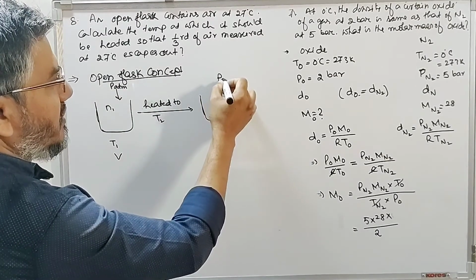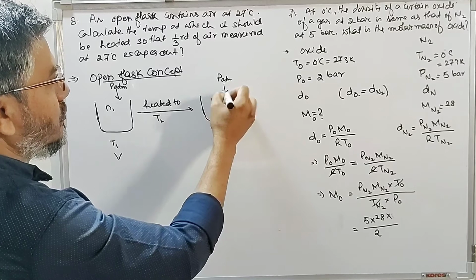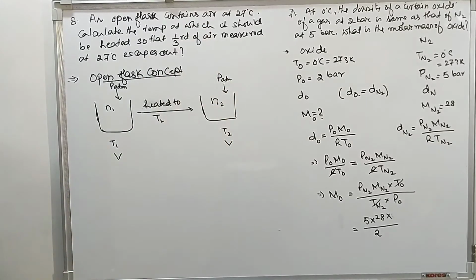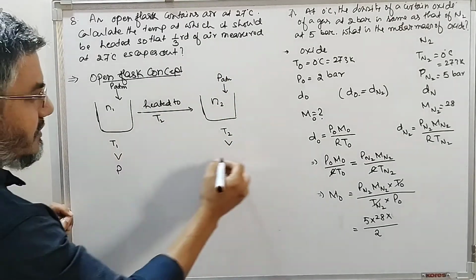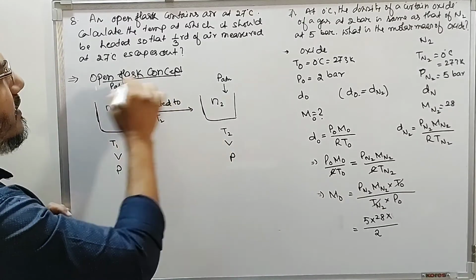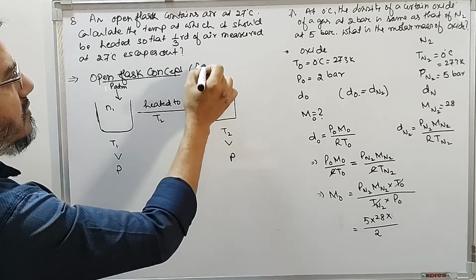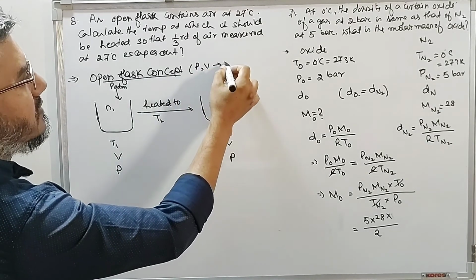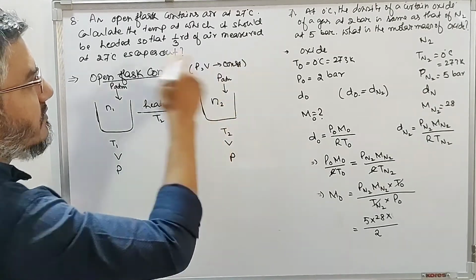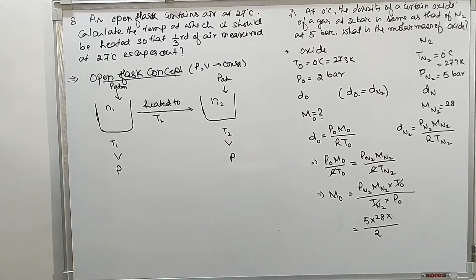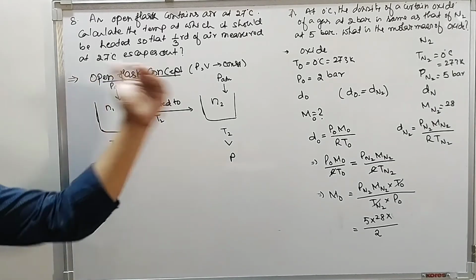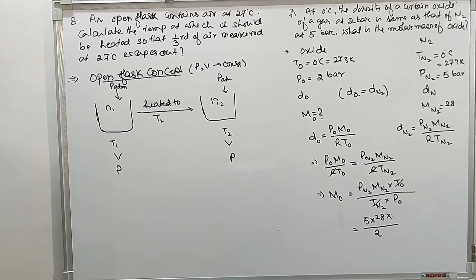Similarly, again P atm, the normal atmospheric pressure, acts on this. So again the pressure remains constant. So in an open flask concept, pressure and volume remain constant. Whenever the term open vessel or open flask is used, pressure and volume have to remain constant.